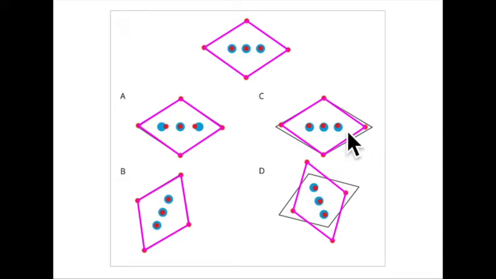C is not congruent. It's slightly skewed, it's slightly off, this angle is a little bit different, and these dots up at the top have moved over a little bit. So it's as if they've twisted everything just a little bit, so it's a little bit off. It's not congruent.